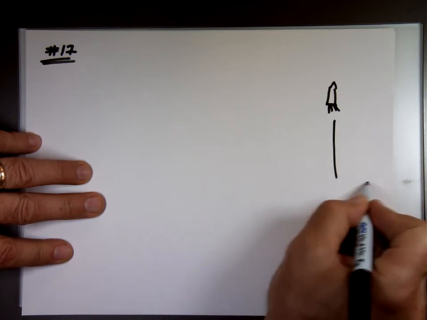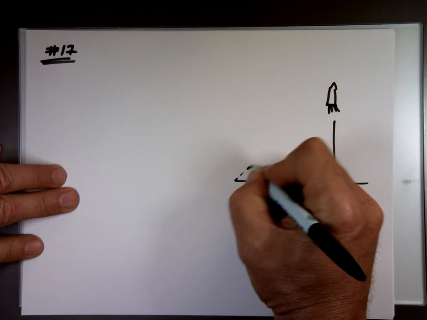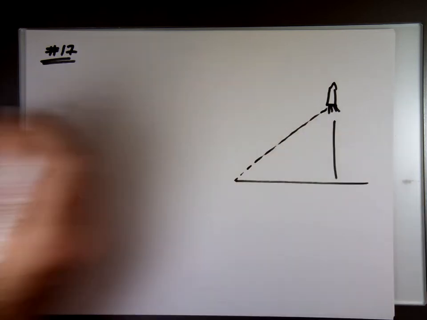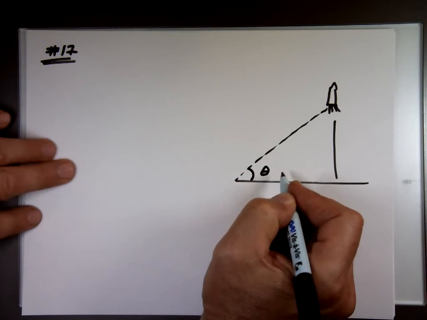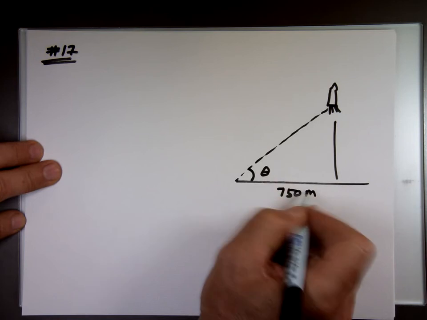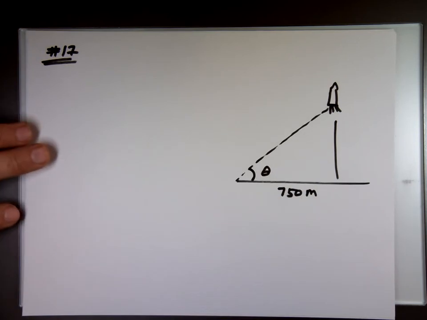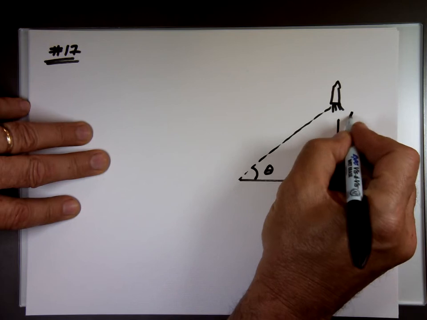We have a camera watching that spaceship take off. I'm looking at the picture, just writing the picture for now. Theta. The camera is 750 meters away from it. That doesn't change, it's stationary. We're not sure what the height is here, h.